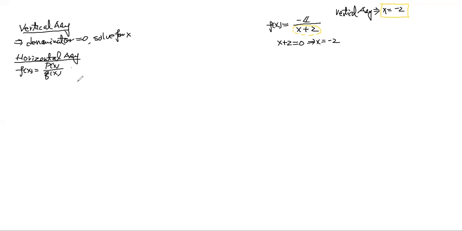Let's put it like p(x) is a_n x^n plus a_(n-1) x^(n-1) and so on to a_0. Then q(x) is b_m x^m plus b_(m-1) x^(m-1) and so on to b_0. Here is how we define the horizontal asymptotes. Situation number 1.